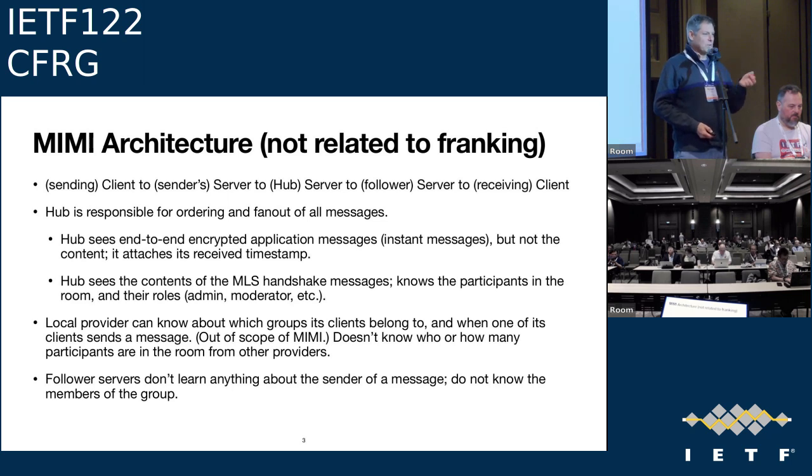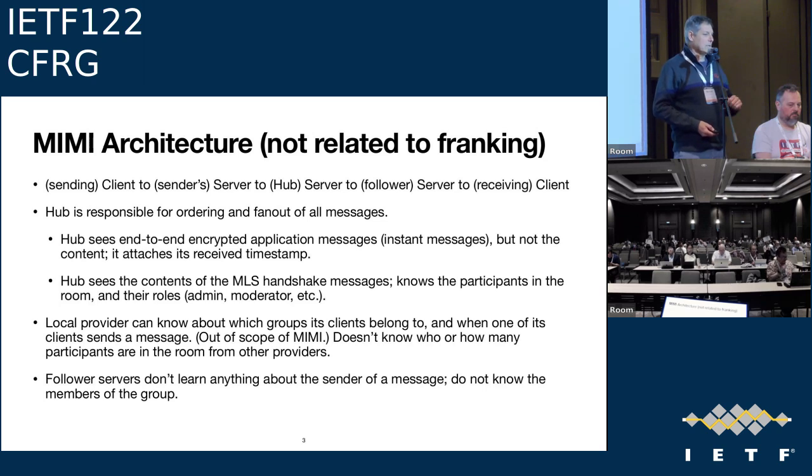The hub in that diagram is responsible for the ordering and fanning out of all messages. It gets to see the application messages go by, but they're end-to-end encrypted. It does not get to see the content. When a message goes through, it attaches a received timestamp, which is used by the rest of the protocol.